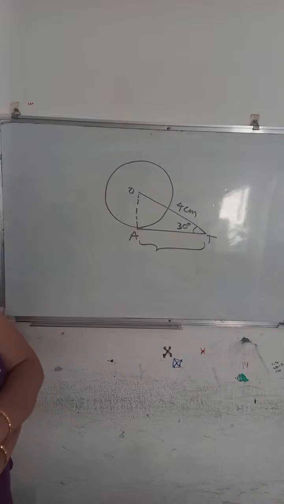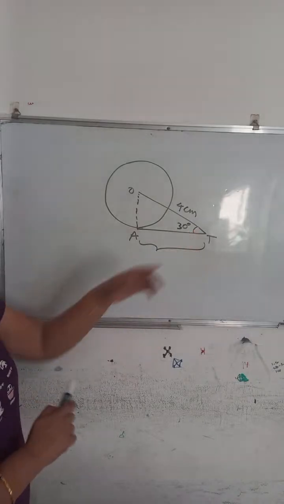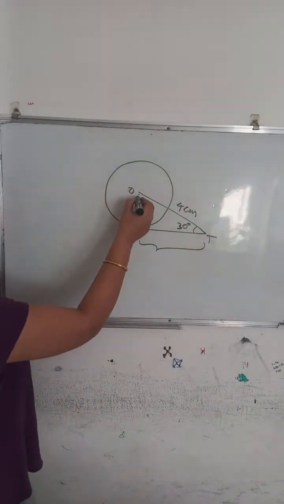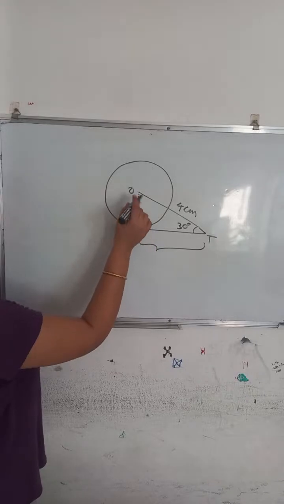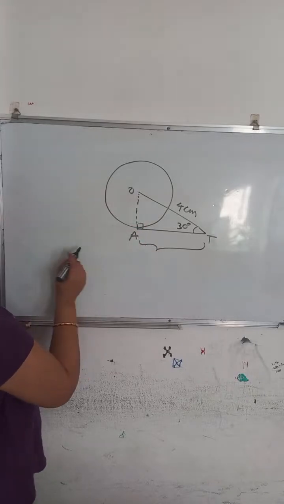Otherwise we can apply Pythagoras and calculate. But here we know only one side, and here this is angle 30, and whenever you are dropping a tangent, it makes a 90 degree.